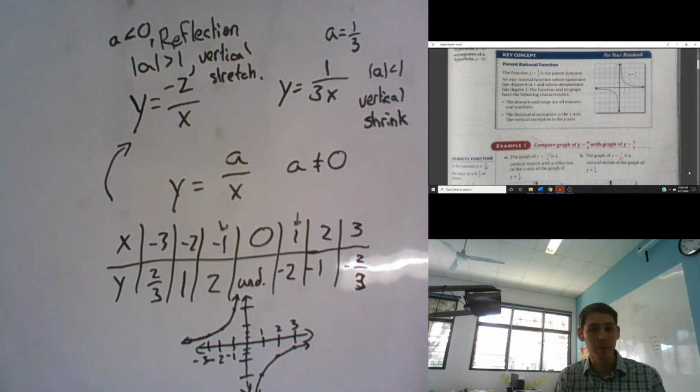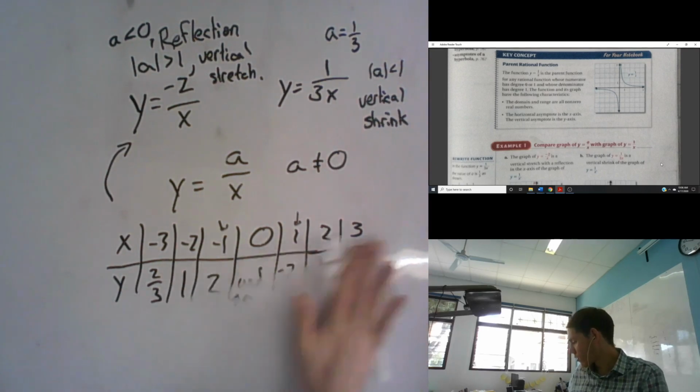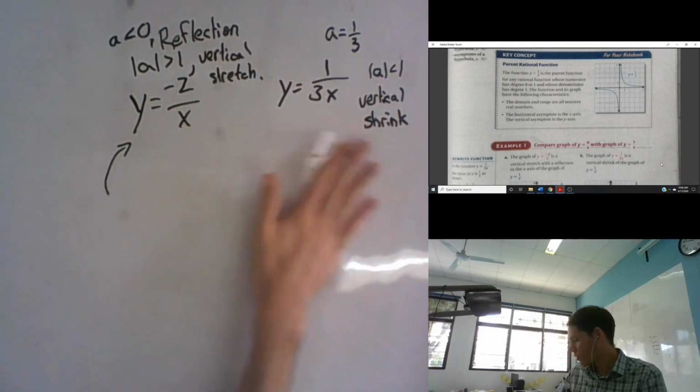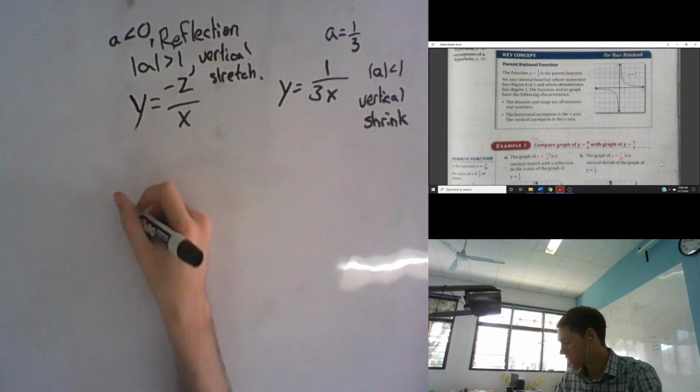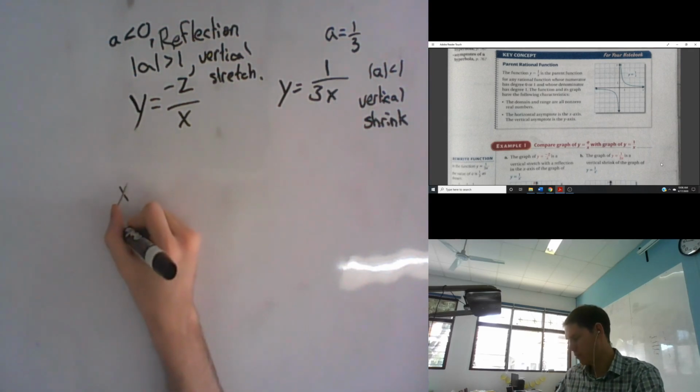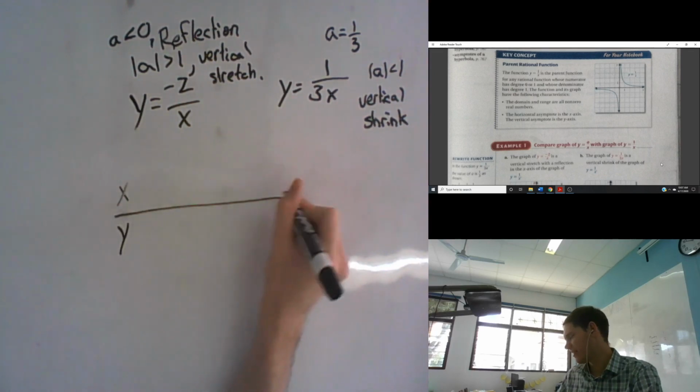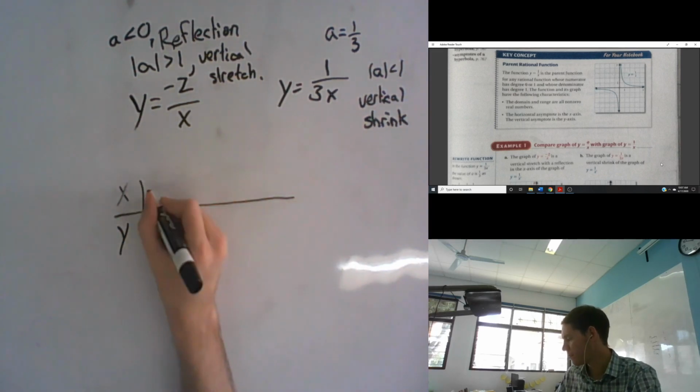Let's just blow that up a little bit. Okay? Now let's draw this out. Okay, I'm going to use the same table. You can use other tables, but it's preferable.